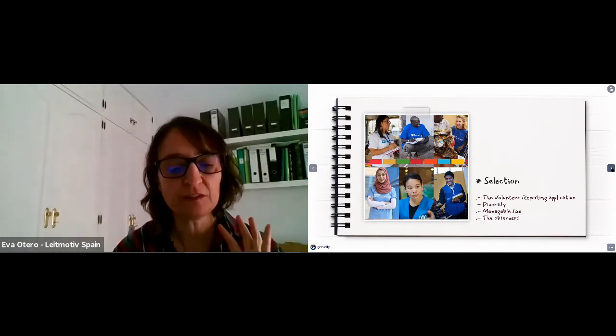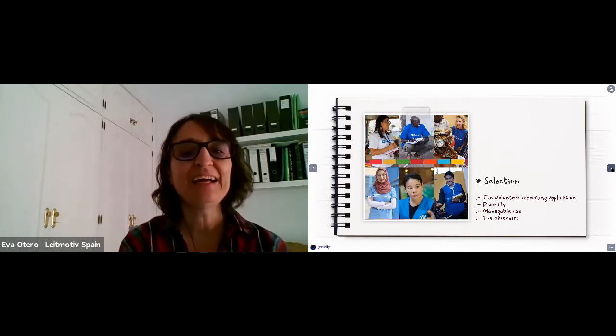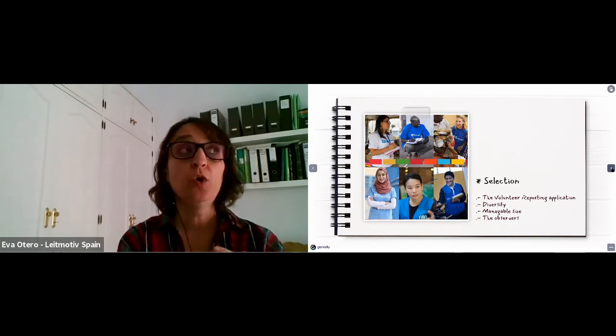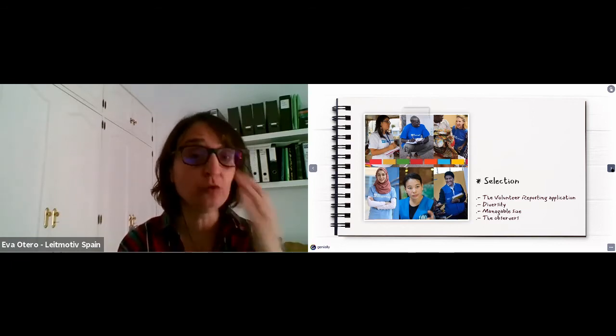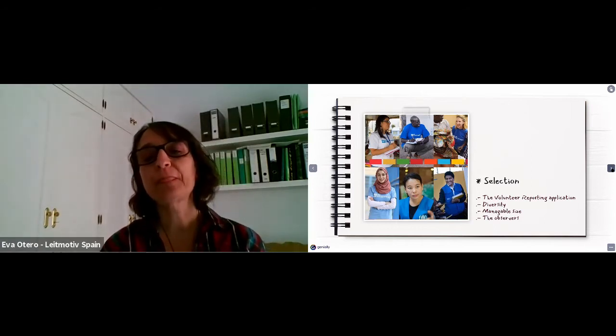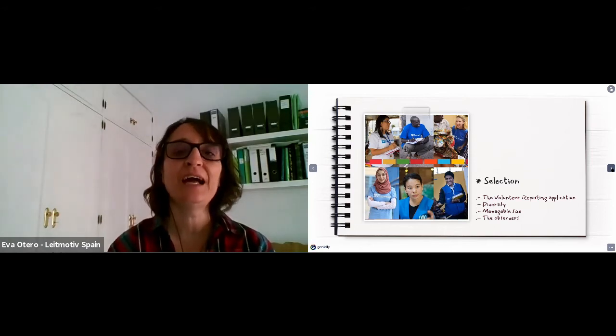So the first thing we did was select the people who were contributing more eagerly in that application, and also people who had good English, because we could do the pilot only in English.